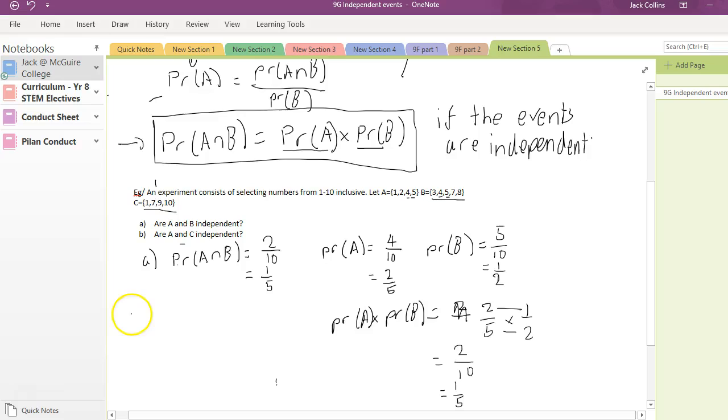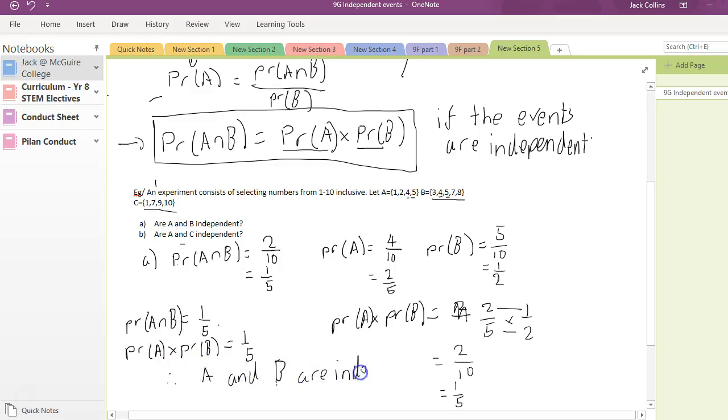And there you go. So probability of A and B equals 1 out of 5, and the probability of A times the probability of B equals 1 out of 5. Therefore, A and B are independent, as it's satisfied the calculation for independence.